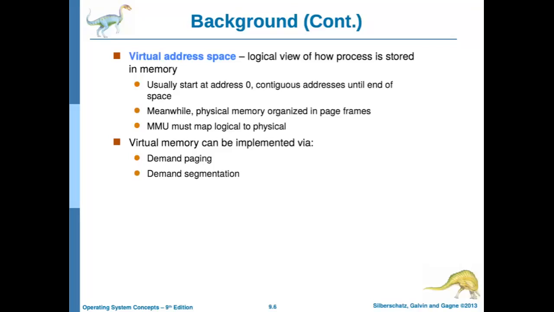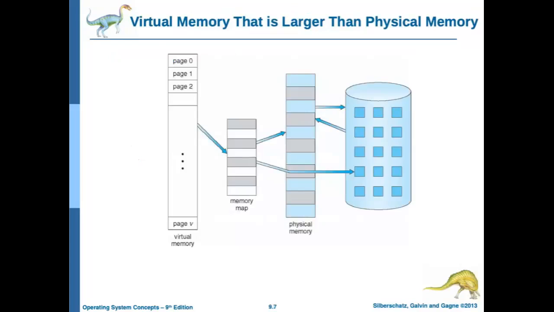Here, only required pages will be loaded, so a process is loaded partially, not completely. Similarly, in demand segmentation, whenever a segment is required, then and only then load it into the physical memory. So there are two ways by which virtual memory can be implemented: demand paging and demand segmentation.